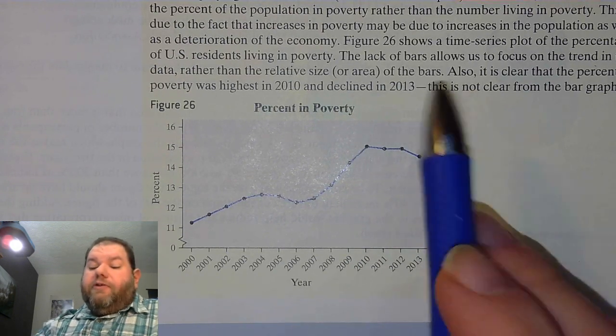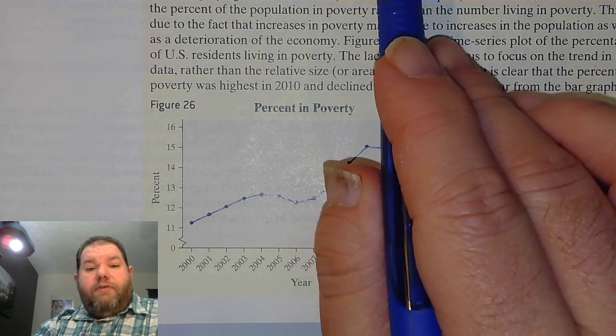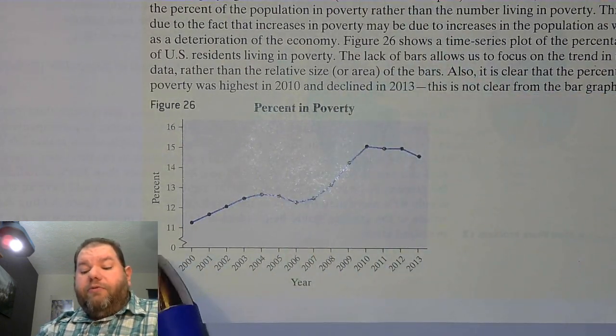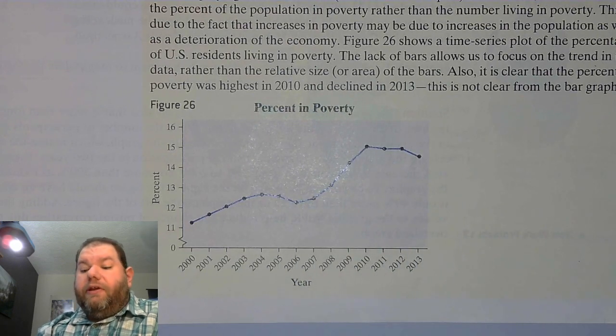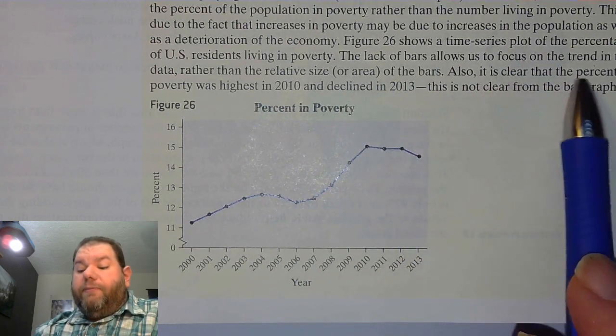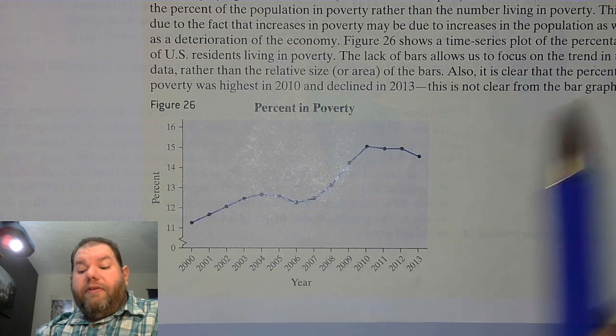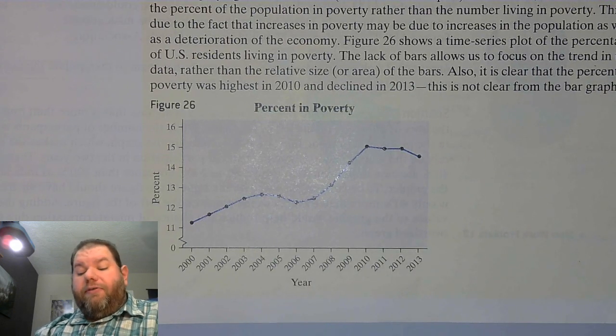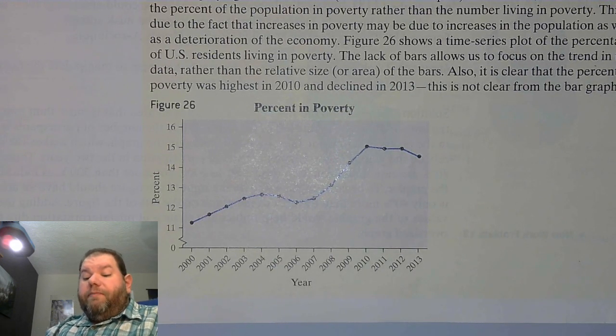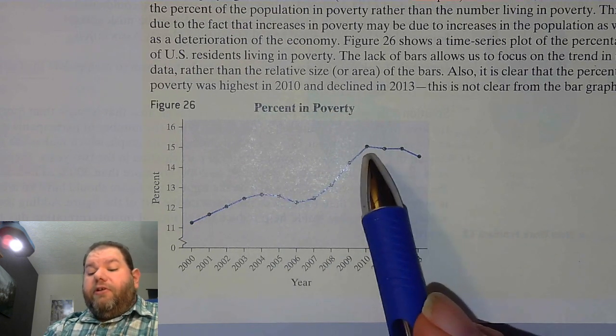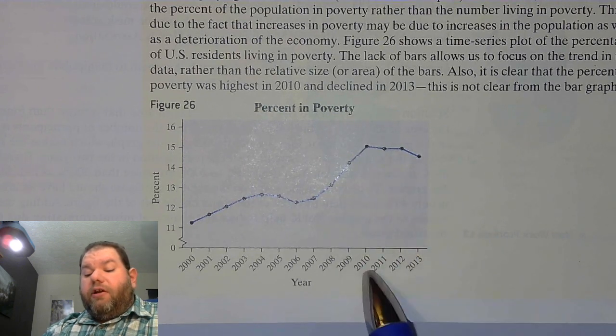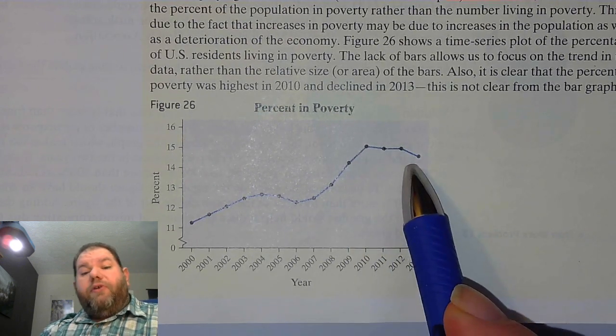And the other thing that it mentions here is that instead of using a bar graph, using what we call a time series graph with the line connecting each point allows us to focus more on the trend in the data rather than the relative size or area of the bars. And what's different here is that we see there's actually a little bit of a decrease starting in 2010 that wasn't really shown when we had the bars before.